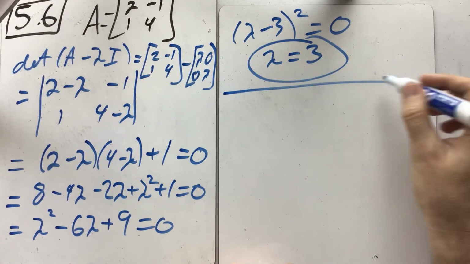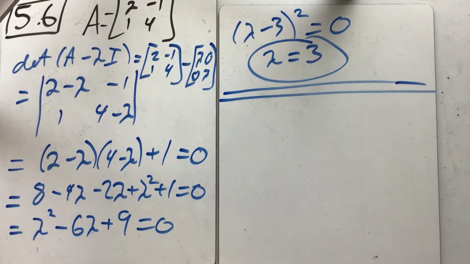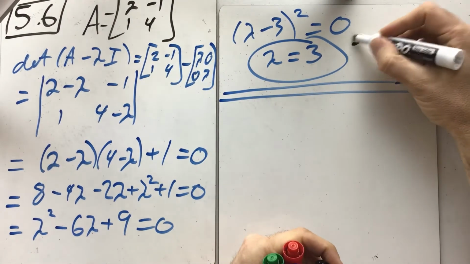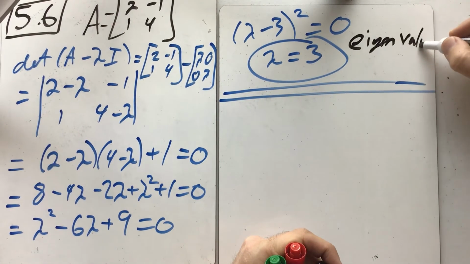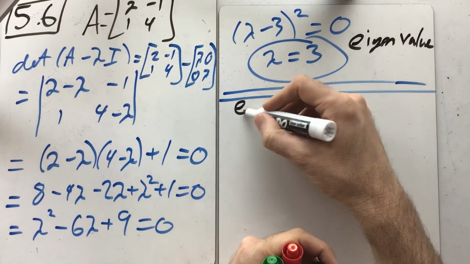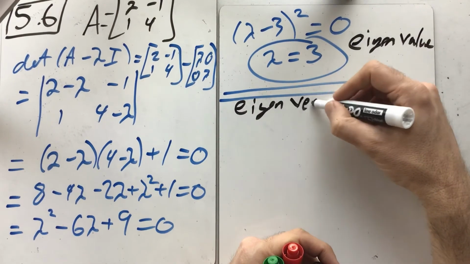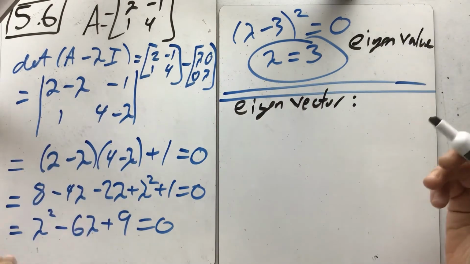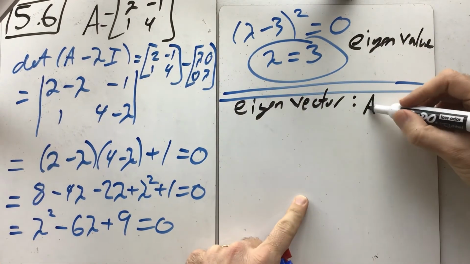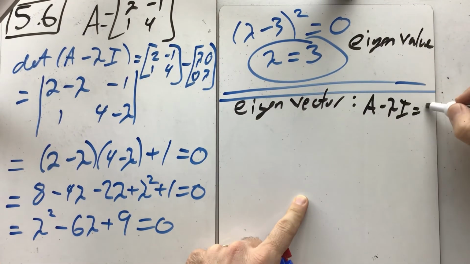Okay, now once we have our eigenvalue, we can find our eigenvector. So let's go find our eigenvector. And our eigenvector is simply what we get when we solve the equation A minus lambda I equals 0.